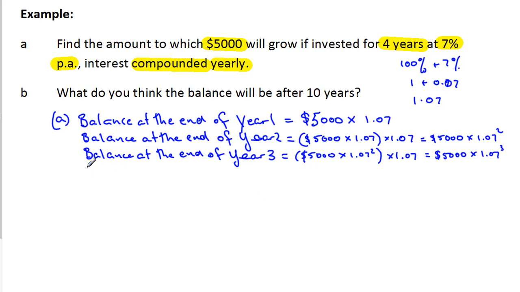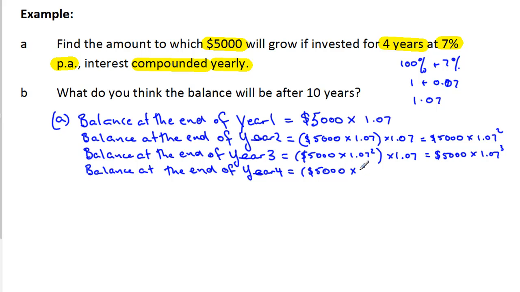All right, so last one. Here's our balance at the end of year 4. So we know that the balance at the beginning of year 4 is this amount here. It just hasn't been worked out completely. It's just in a form to prove a point, as you'll see. So I'm going to put this here, $5,000, what we started with.